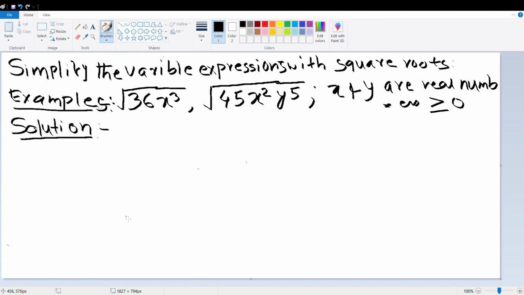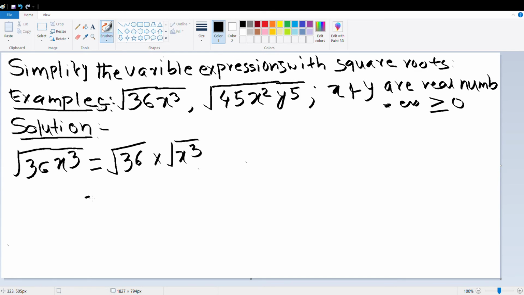Now first let me show you how to solve the first example. We have the square root of 36x cubed. To solve this one, first we separate the radical sign between these two terms. So we write the square root of 36 times the square root of x cubed.